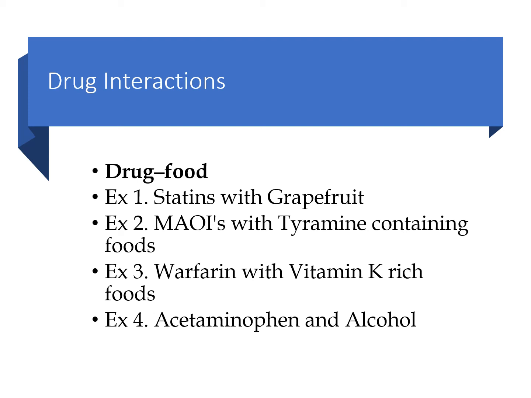And the reversal agent for warfarin is vitamin K. So if you're eating a lot of vitamin K rich foods, such as spinach, which is very high, and many vegetables are high in vitamin K, you're going to reverse the effects of warfarin. You're going to thicken the blood because you're reducing the effects of the warfarin.